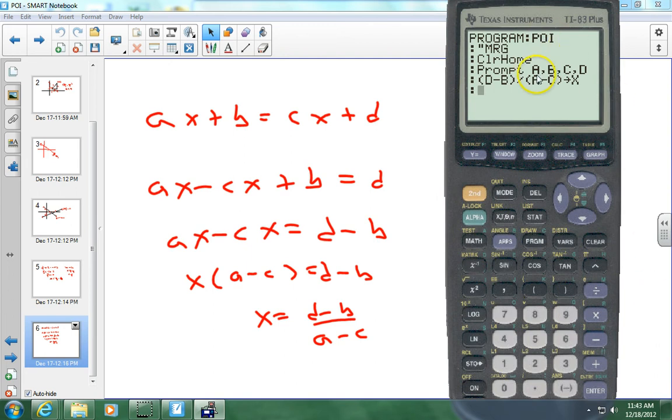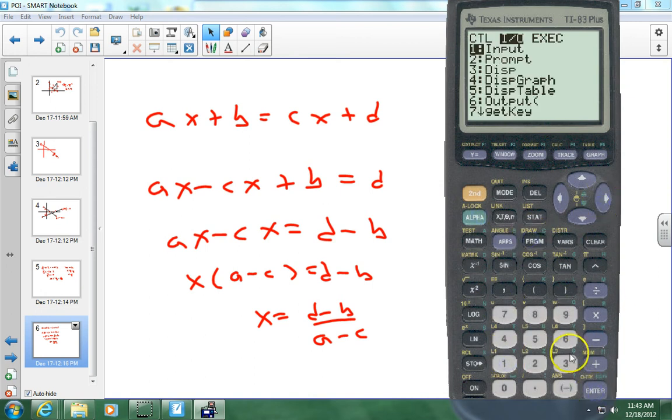All right, now how are we going to get Y? Right, take one of the lines, Y equals AX plus B or Y equals CX plus D, and plug in that X value. Excuse me, I'm sick. All right, so alpha A times the X plus alpha B, store that as what? And that's going to be your Y value, right? That's the X and Y coordinates of the point of intersection. So we're going to have two displays, right? Alpha Y. So let's do it.